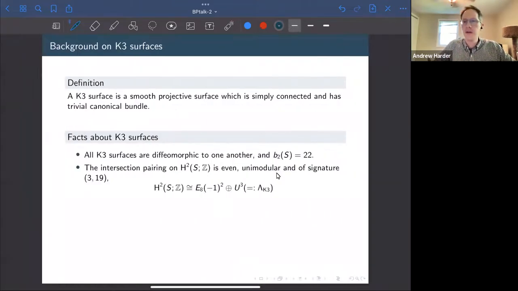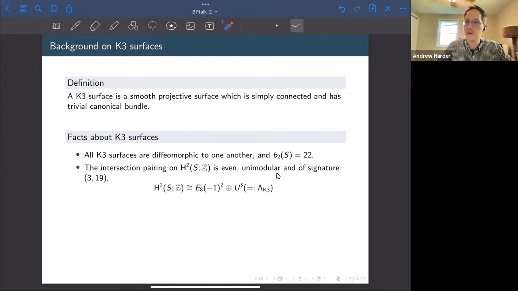We can also say a little about what the intersection pairing on the homology or cohomology of a K3 surface looks like. The basic facts are, we know the rank of H2. We know that it's even, which comes from various topological results. We know that it's unimodular, essentially by Poincare duality. And we know its signature, which is (3, 19), by the Hodge index theorem.